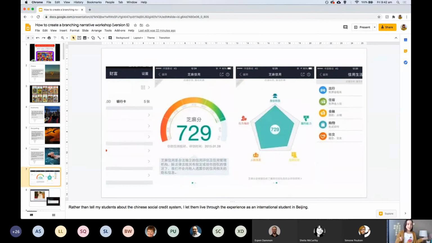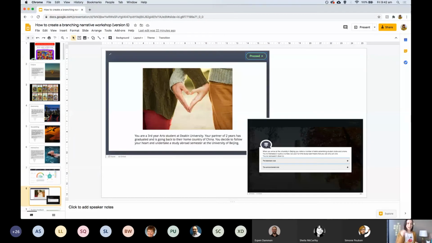So what I did was I was teaching some students about that system because I was teaching a unit on gamification. This was a topic about how gamification's gone completely wrong and used for very horrible things. I created a story in which students had moved to China for an international study period.